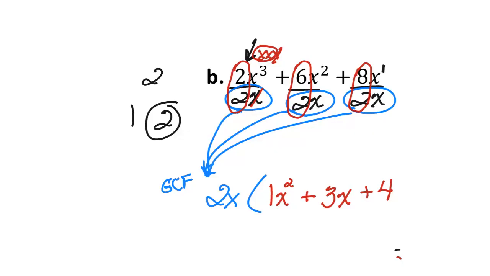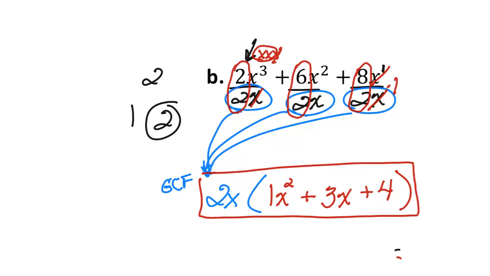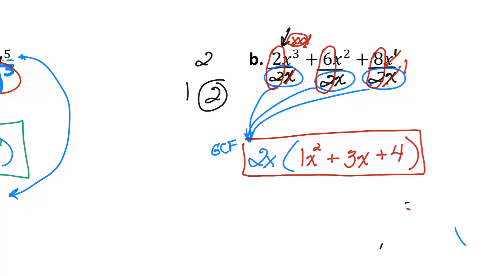And x divided by x cancels out and leaves just a 1. So that's your answer. The whole factorization of that problem is 2x times quantity 1x squared plus 3x plus 4. What do you think? This isn't too bad, is it?